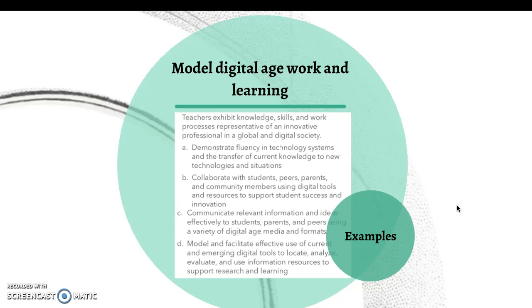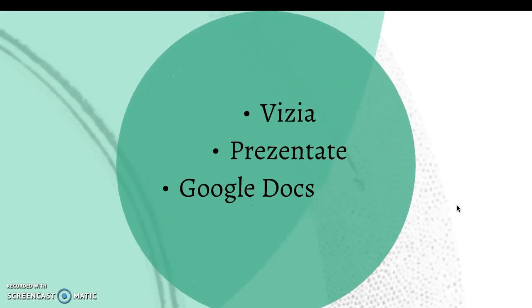Examples of ways that I will be able to exhibit knowledge and skills of a digital society in the classroom include my knowledge of 3 Web 2.0 tools. As previously mentioned, Vizia is a Web 2.0 tool that can be used to create videos, polls, and quizzes. 2 other Web 2.0 tools that align with the standard include Presentate and Google Docs, which can both serve as collaborative project tools.